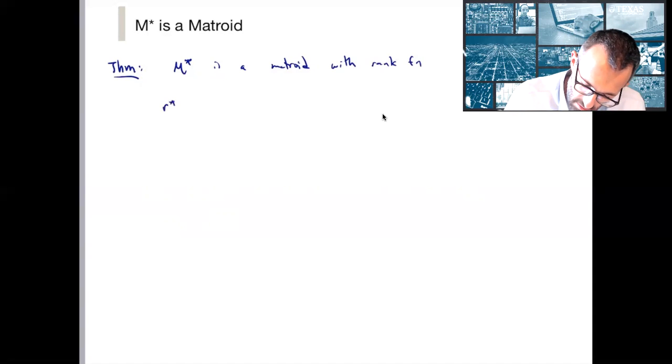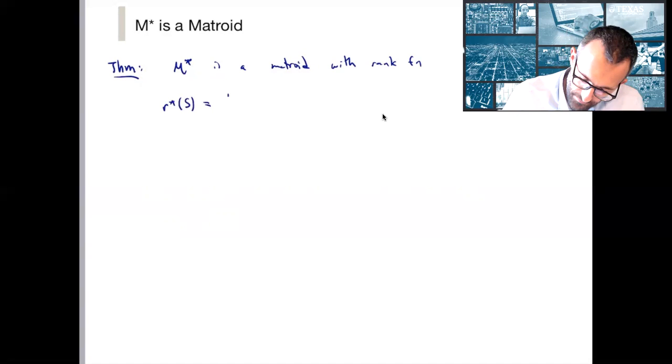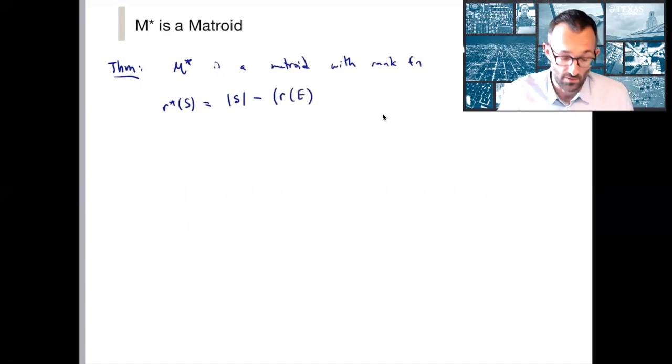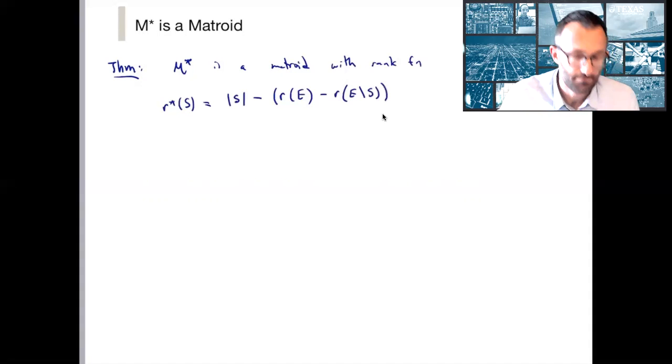R star of S, where S is any subset, is equal to the cardinality of S minus the rank of the full ground set minus R of E minus S. So let's prove this.